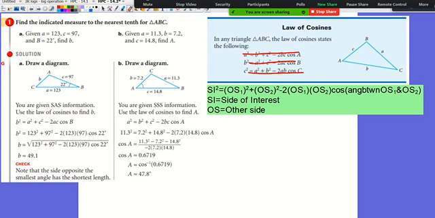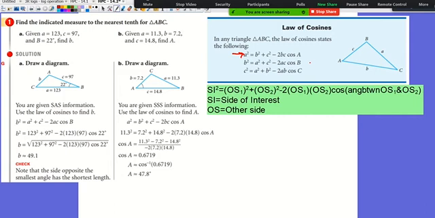I'd rather you just work with one formula rather than three. Let's start with this top one first, though, just as a starting point.